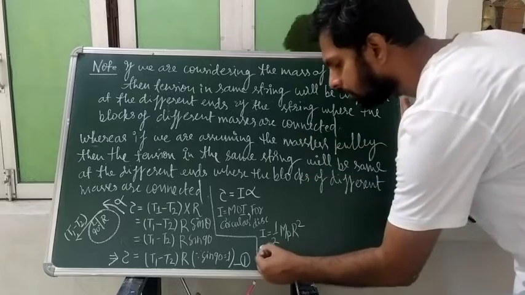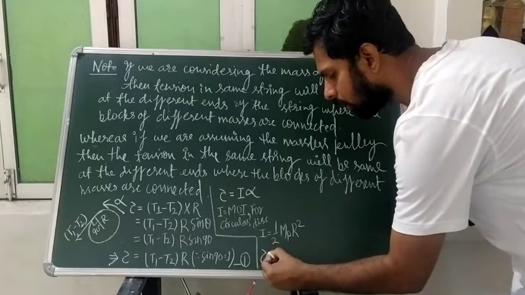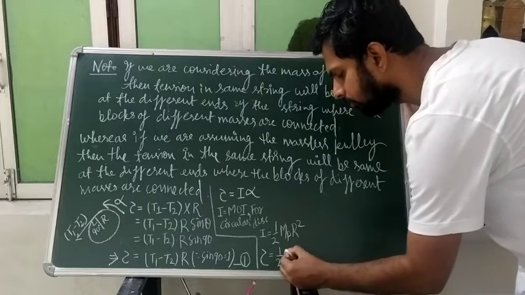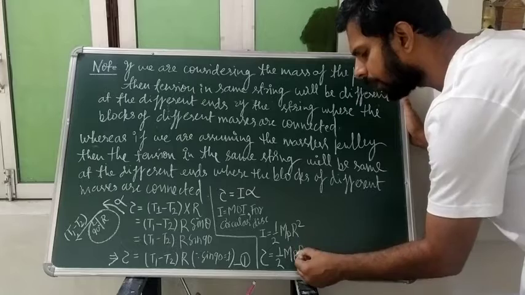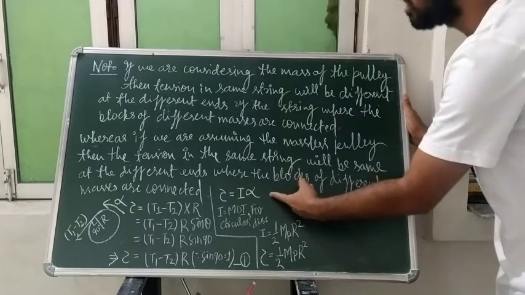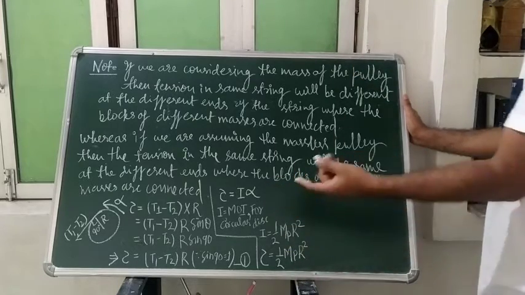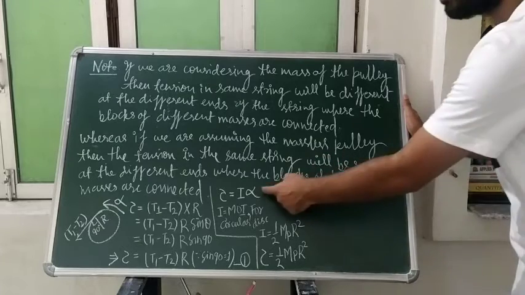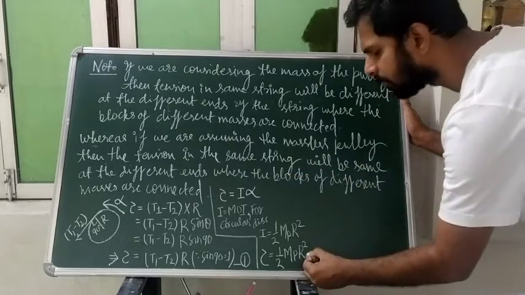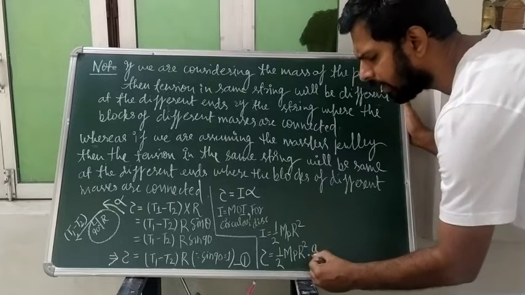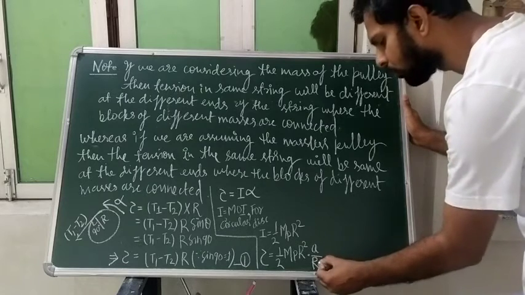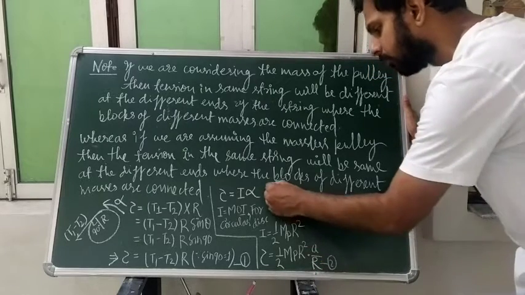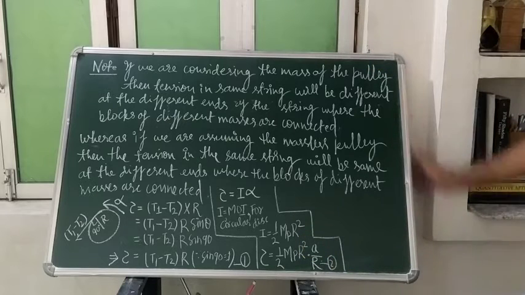So when you put it in the torque, it will come out as 1 by 2 mass times R square times alpha. And alpha, the angular acceleration, I can convert as linear acceleration divided by radius. This R will get cancelled out. Suppose we call this equation number 2 here.